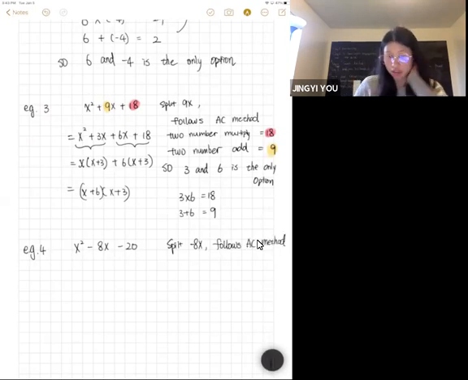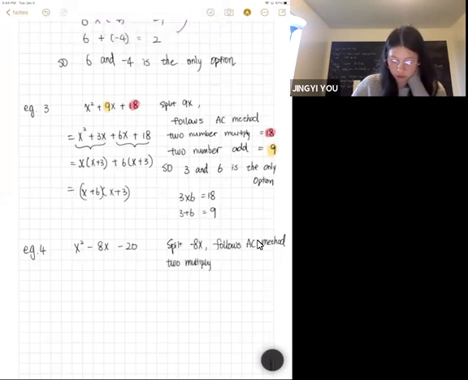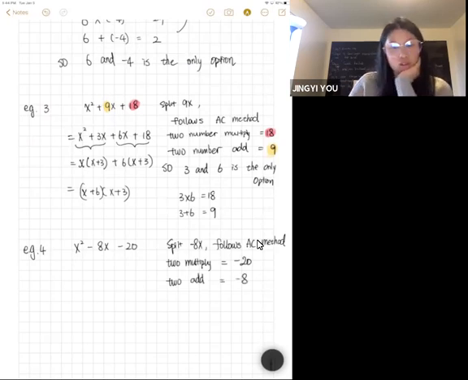Okay, so for the AC method, we want two numbers that multiply to get negative 20, and then two numbers that add to equal what? Negative 8. So which two numbers would do that?